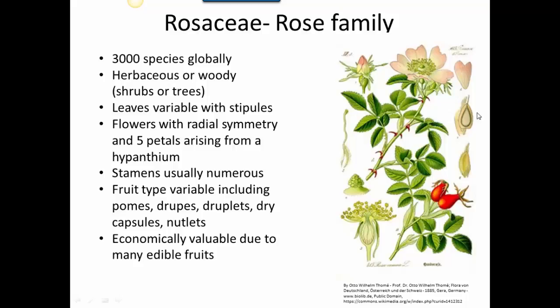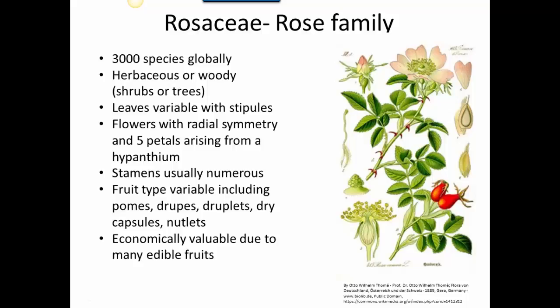They can be compound, like we see here in the rose. But in the mountain mahogany, we know that those are simple leaves. They often have stipules. You can sort of see these stipules here on the leaf base in the rose plant.